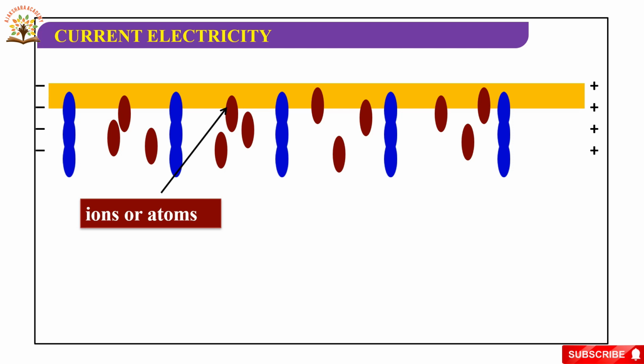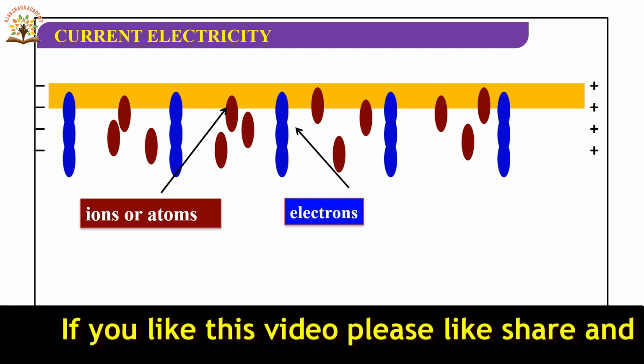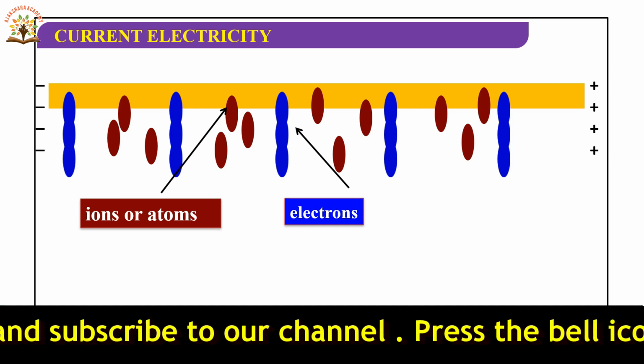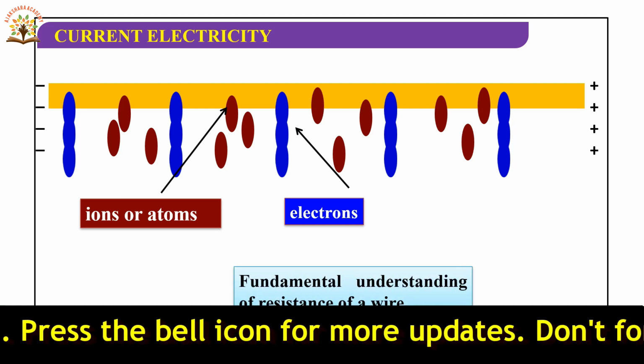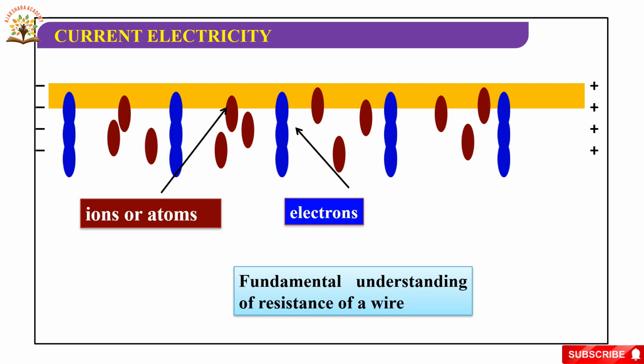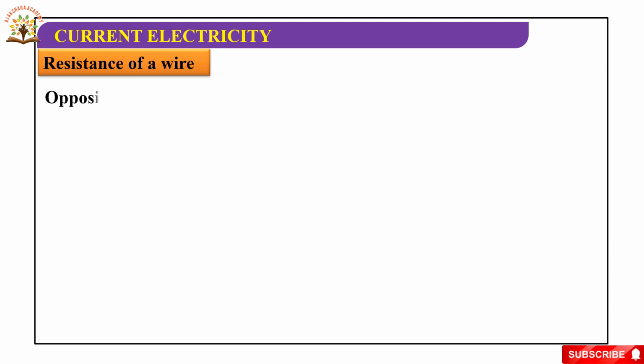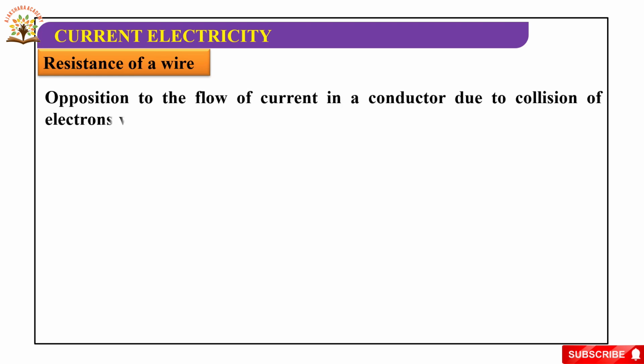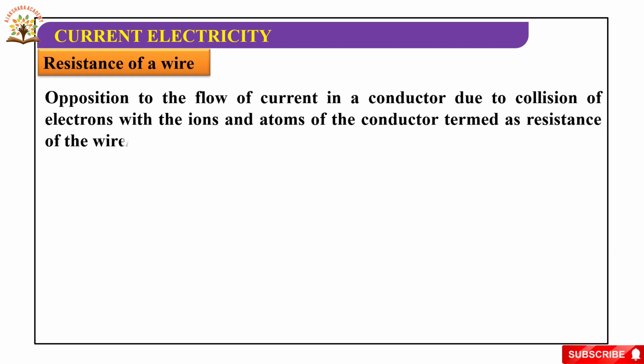Fundamental understanding of resistance of a wire: opposition to the flow of current in a conductor due to the collision of electrons with the ions and atoms of the conductor is termed as the resistance of a wire or conductor.